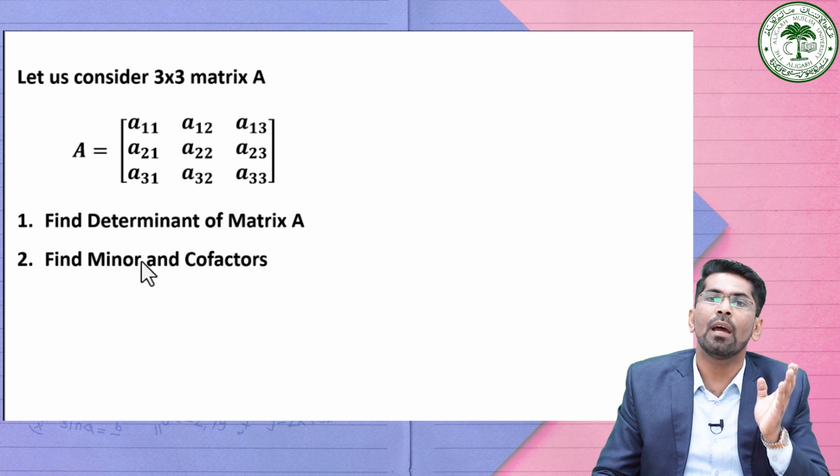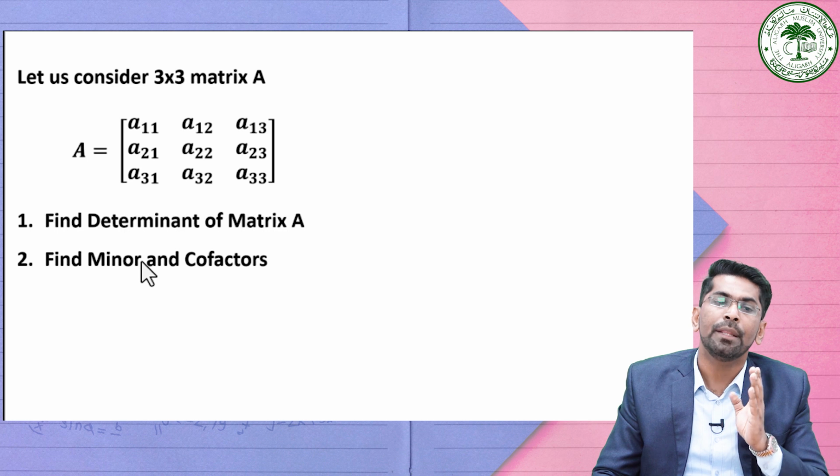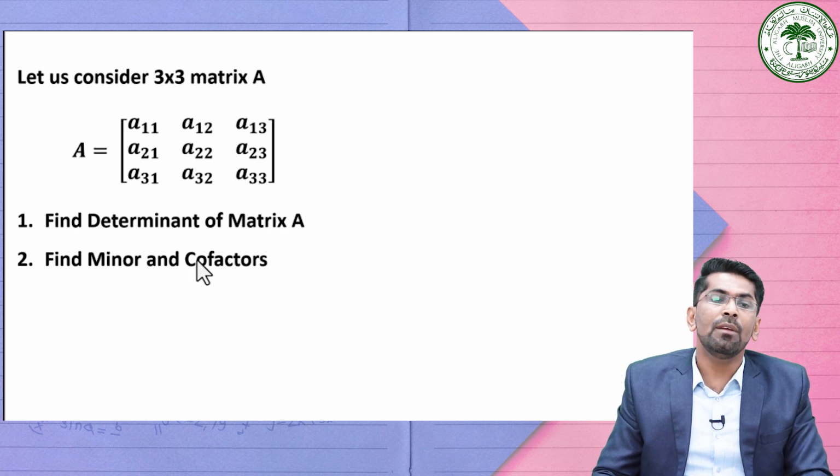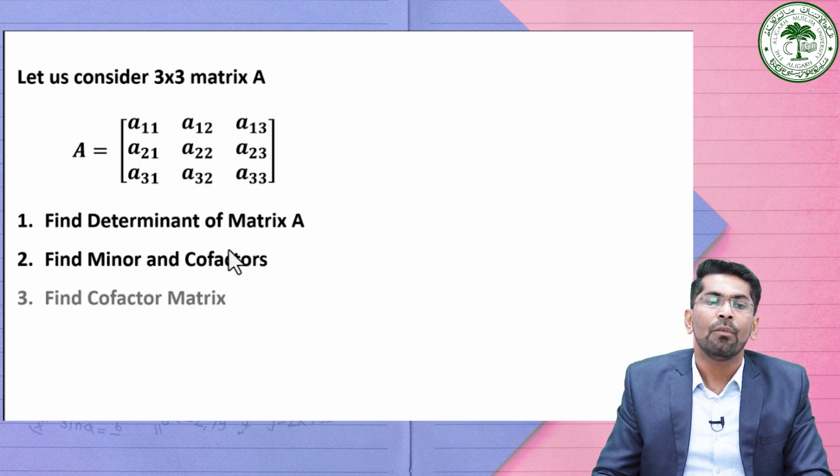In the last lecture, we already discussed what is meant by minors and cofactors and how to find them. After finding the cofactors of each and every element of the given matrix A, we are going to find the cofactor matrix.